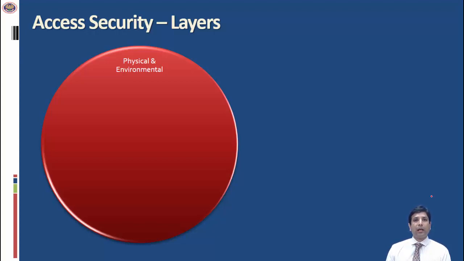In the physical security and the environmental security, we look at how systems are protected from unauthorized access by people physically. The environmental controls involve the fire suppression mechanism, the smoke detectors, and other operational aspects which physically protect the environment in which the IT and ERP systems are operating.